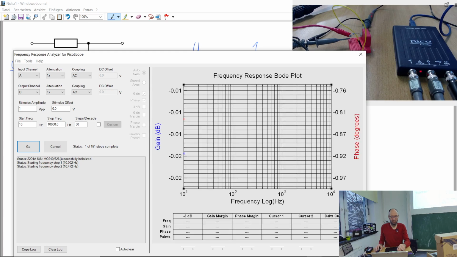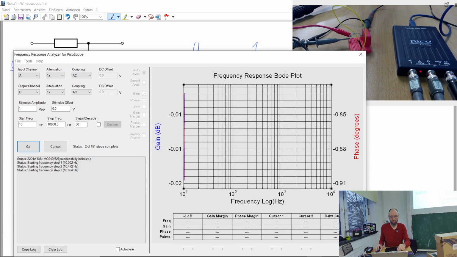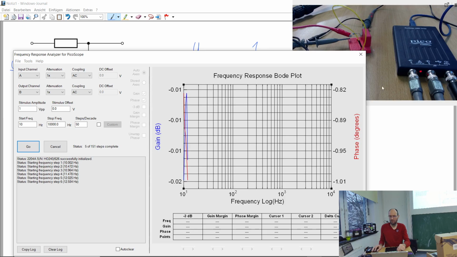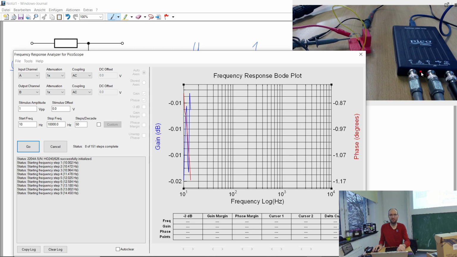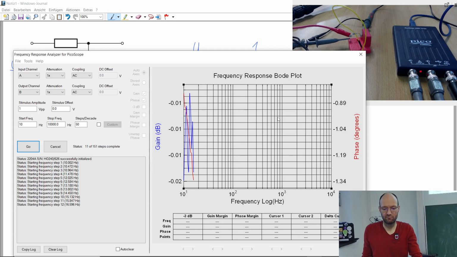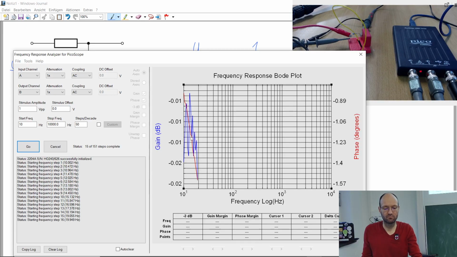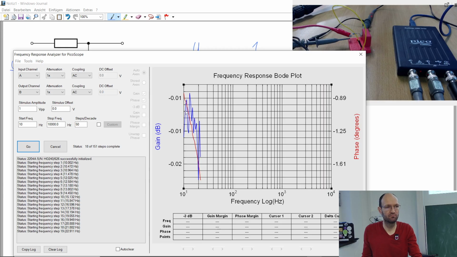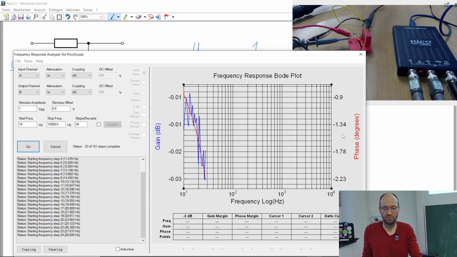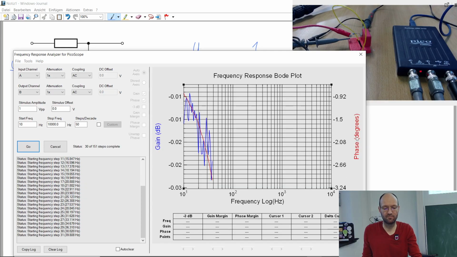So if I say go, then it's measuring. Here you can see the frequency steps, and as mentioned, you can also see this LED blinking here. It's plotting in blue the gain in dB, and in red the phase in degrees.